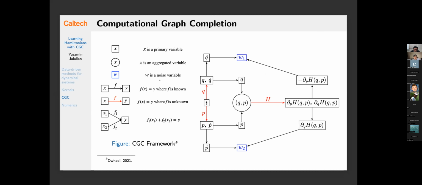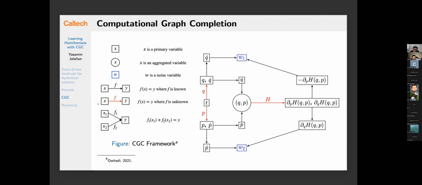The blue nodes are the noise variables. Even if our data isn't noisy, we might want to add some noise variables to the system for different purposes. In case of model misspecification, this would help with the misspecification, and also it will help with numerical stability.